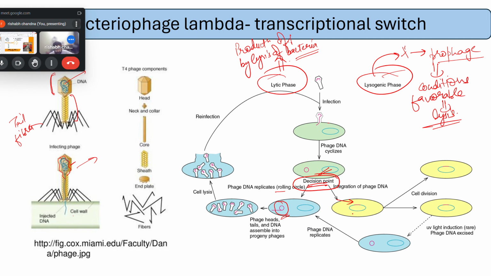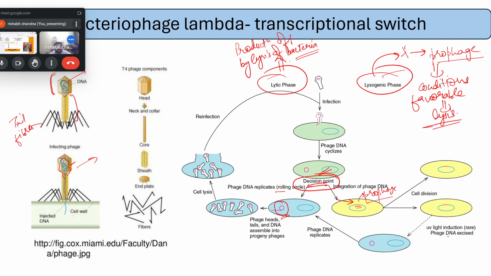Okay, first we'll cover the lysogenic phase and then we'll go into the lytic phase. So what happens in the lysogenic phase? It integrates into the bacterial genome as prophage, and it divides with the bacterial cell itself. So when the genome of the bacteria replicates, then only the phage will replicate.